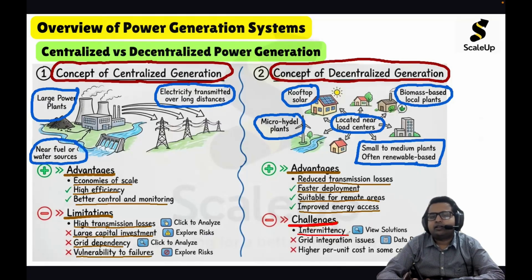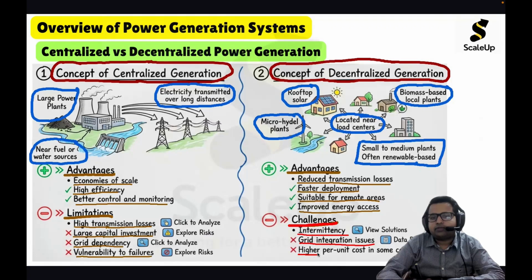Intermittency is there, because of renewable energy: if we are talking about rooftop solar, at night it cannot generate electricity. Here grid integration issues are also there, because we have to set up a different type of grid, or to integrate these decentralized power plants to the main grid is an issue.